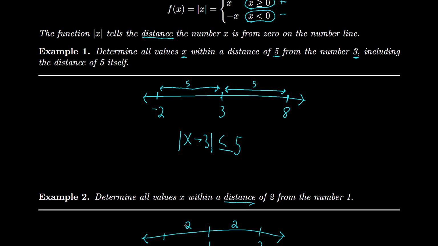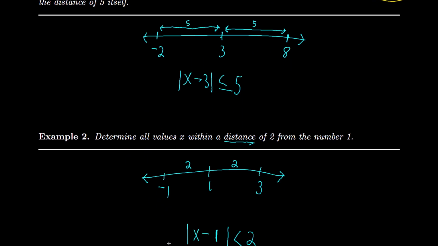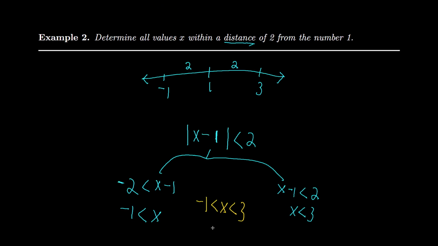So why was there an equals to here? Well, we said including the distance of 5 itself. So that's the main difference between these two. This thing right here is called a compound inequality, in case that ever comes up. And this is how you deal with these sorts of things.